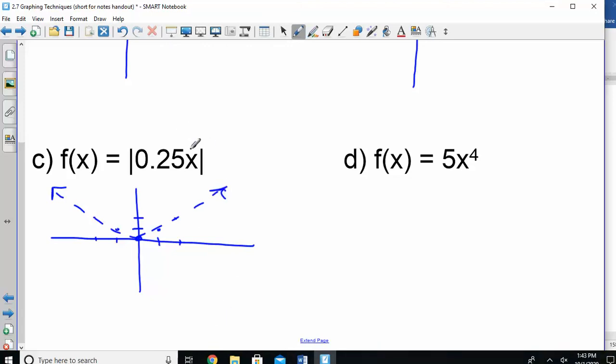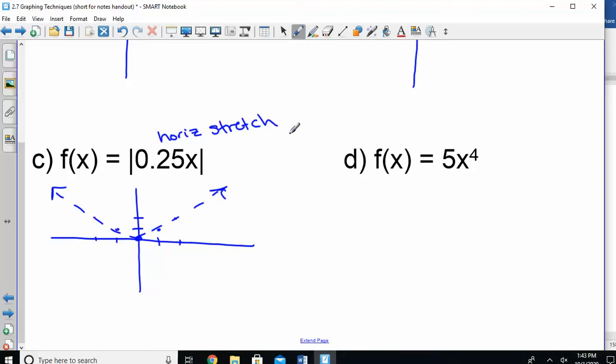Okay. It's inside, so it's horizontal. Does the opposite. So 0.25, I would expect that to shrink, so it will actually stretch. So what you're doing is taking your x's, dividing by 0.25, which is the same as multiplying by 4. 0.25 is 1/4.